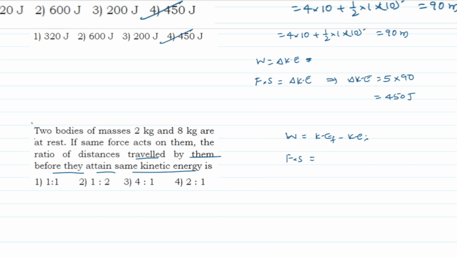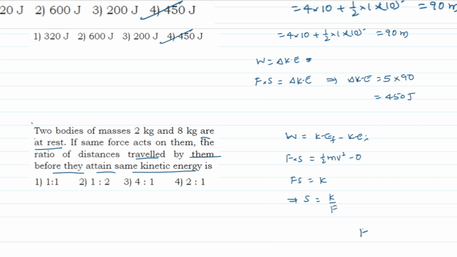Initially both bodies start from rest, so half mv square minus 0 is the kinetic energy. So F into S equals K, the kinetic energy. The displacement is therefore K by F.